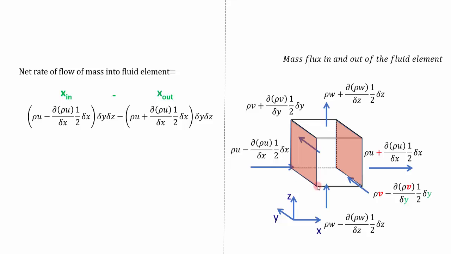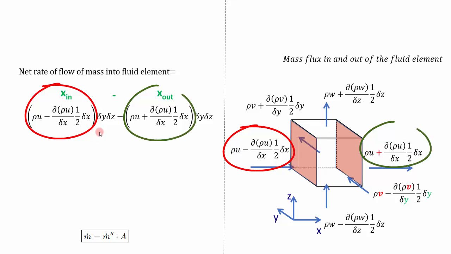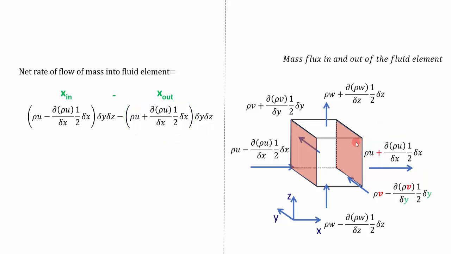That is, we know the area of this cross-section. So this is del y and this is del z. So the cross-sectional area across which this x-axis flow is taking place is del y and del z. So that's why we have given that. So this is mass flux and this is the area. This is mass flux out and this is the area at the outlet. The inlet and outlet areas are the same here. Similarly, we are writing that for y direction in and y direction out.